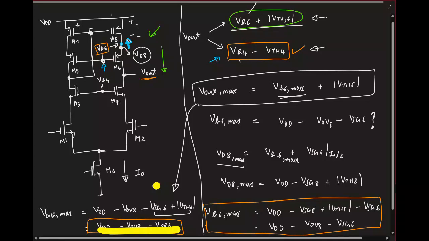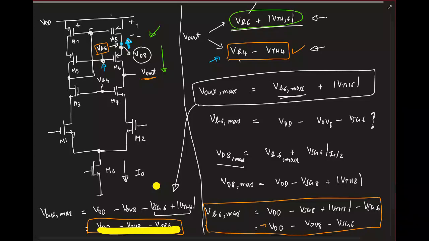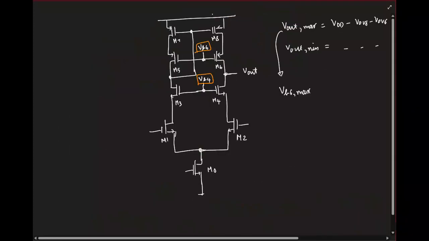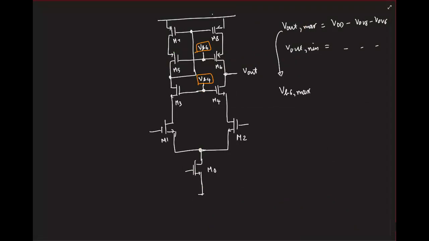Is that fine? So let's see how we can generate this quickly. VB6 max is VDD minus V overdrive 8 minus VSG6, all at a current of I0 by 2. I'm not writing it for the sake of simplicity.